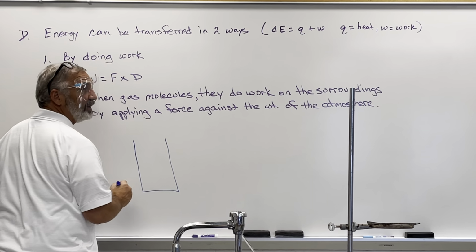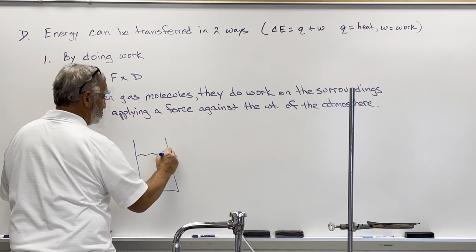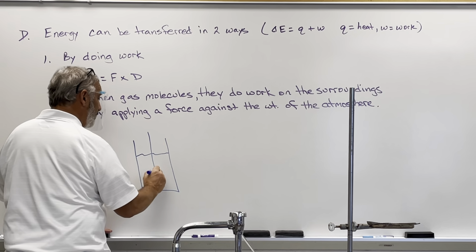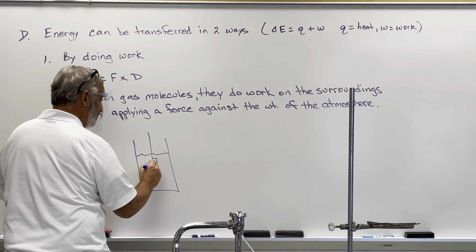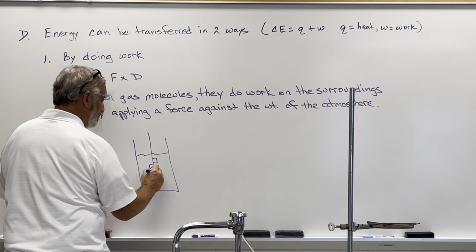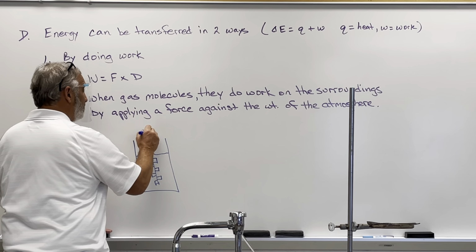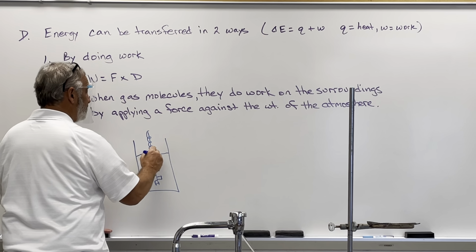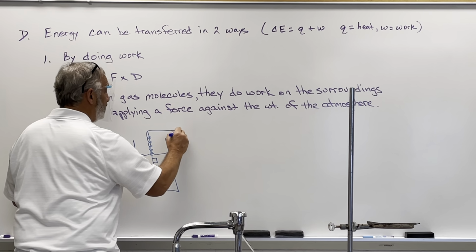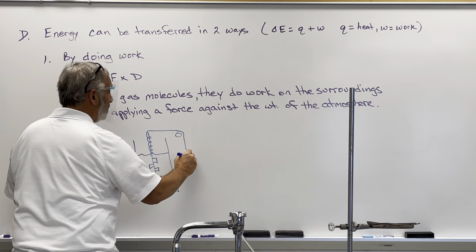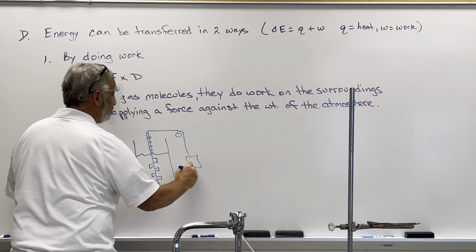He took a bucket of water, which he knew the exact amount of water in. In that water, he put a paddle. And then around that paddle, he wrapped a string, which then went over a pulley to where he attached a mass to it.